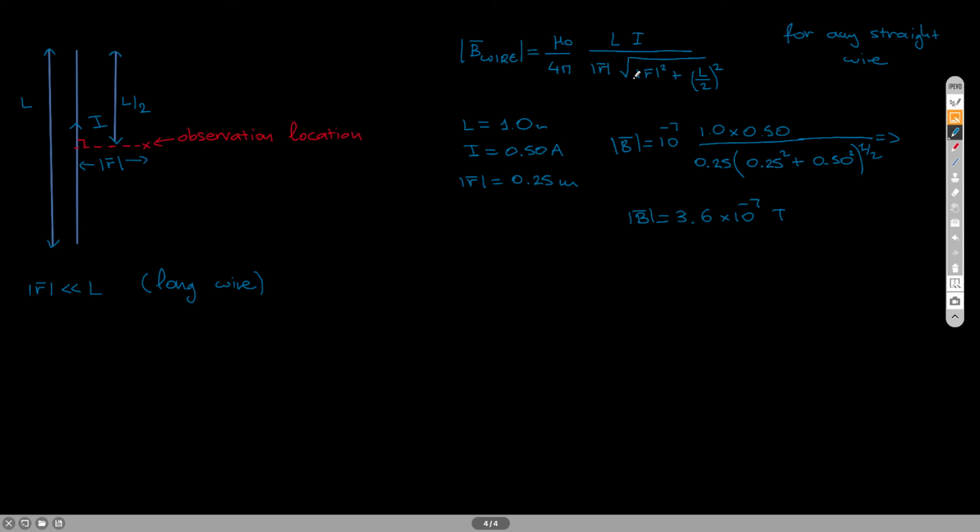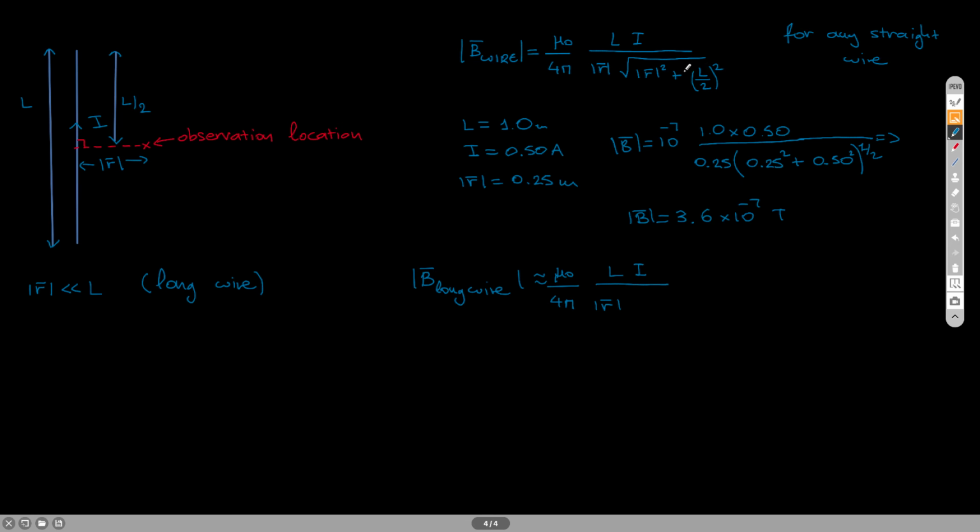Now, in this expression R is much less than that, so I'm going to do a little bit of work here. This is going to be for a long wire, and it's going to be approximately true: mu naught over 4 pi, L times the current divided by R and the square root. As I said, for a long wire, this distance is much smaller than that. If this is much smaller than that, it doesn't really affect the sum.